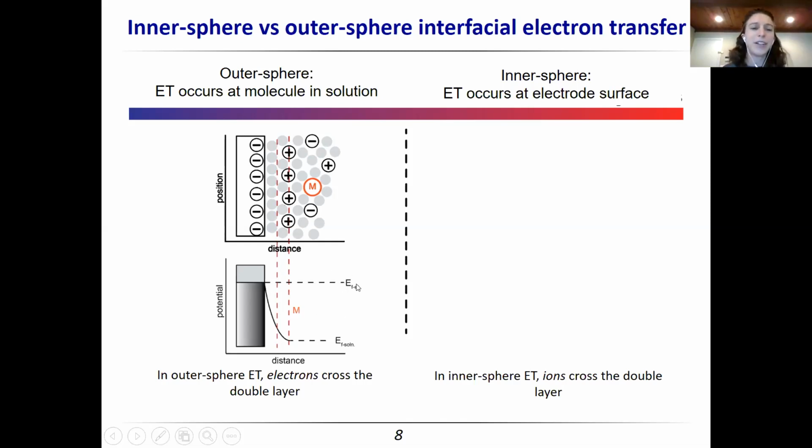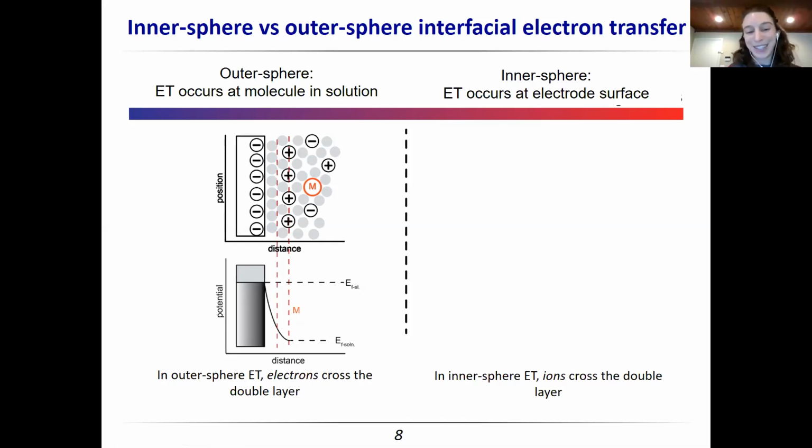The Fermi level you can think of as the energy of the electrons in the electrode and the driving force that they have to transfer or accept electrons from solution phase species. And here the solution potential is going to be the actual distance in the potential drop.